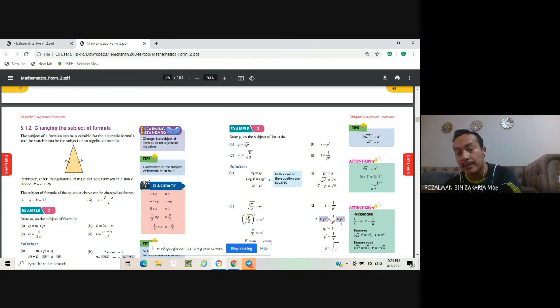If square root of 2 multiply with the power of 2, it will become power of 1. So you put square root of 2 P square on your left side. Remember on your right side also you need to put square root of 2S. So this one will become P power of 1 actually. So no need to put 1. So just write P here equal to square root of S.